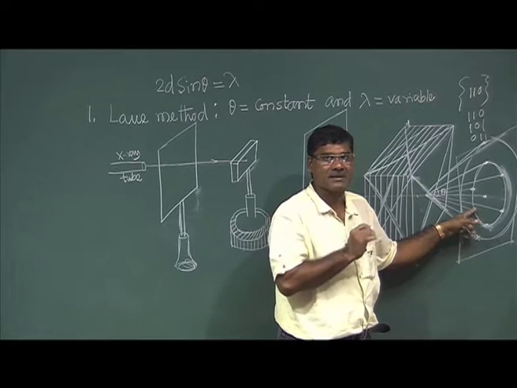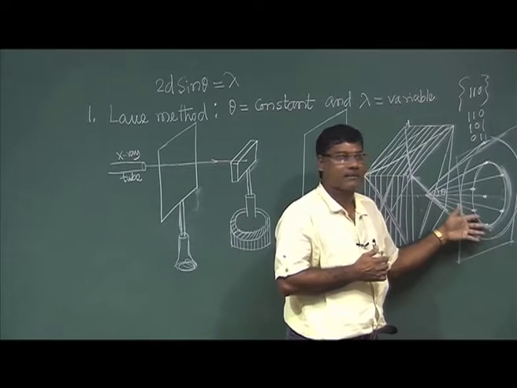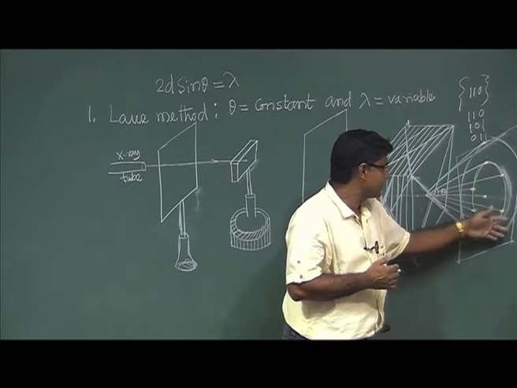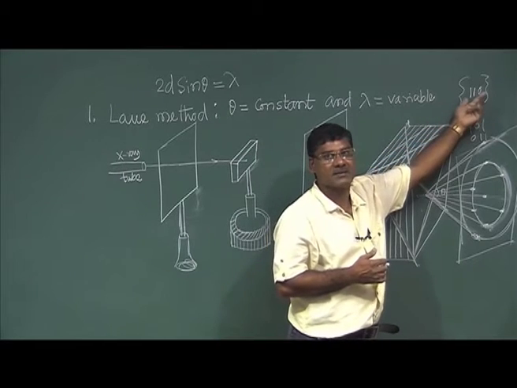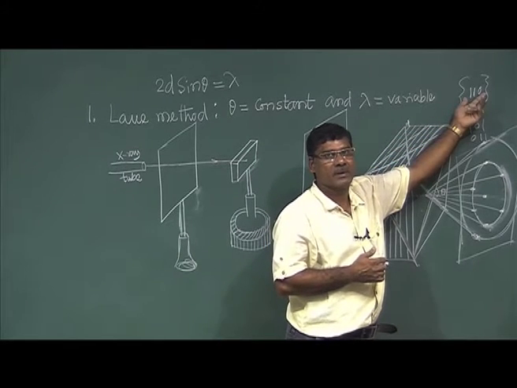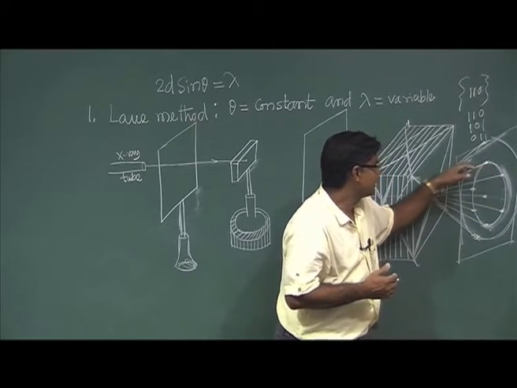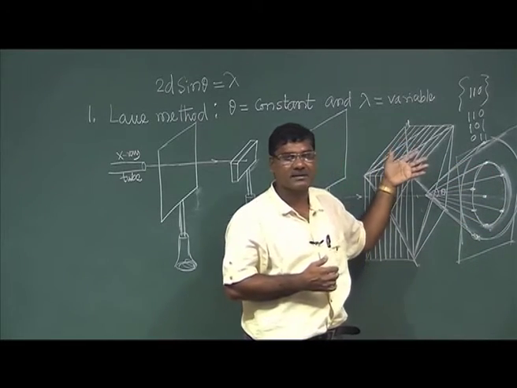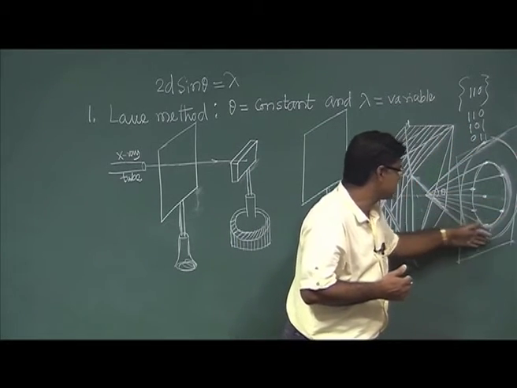Wherever the maximum intensity is, that is called Laue spot. It is convenient for me to tell about this symmetry with the 1 1 0 plane. You will have these 6 points on this. Similarly for other planes, depending on their symmetry, you will get the number of points.